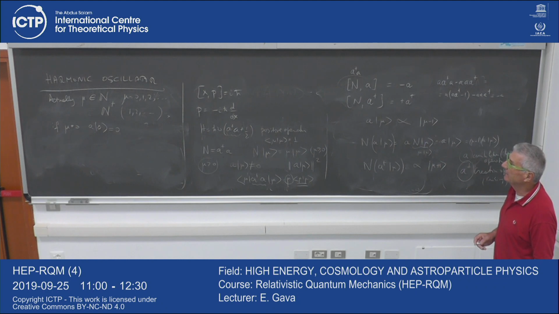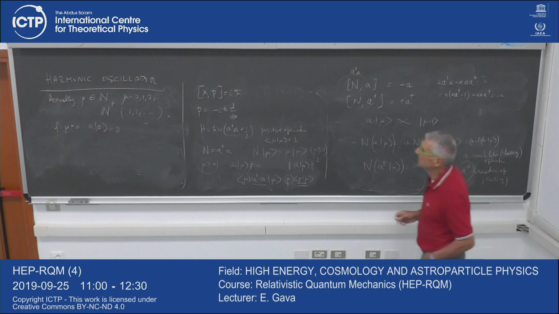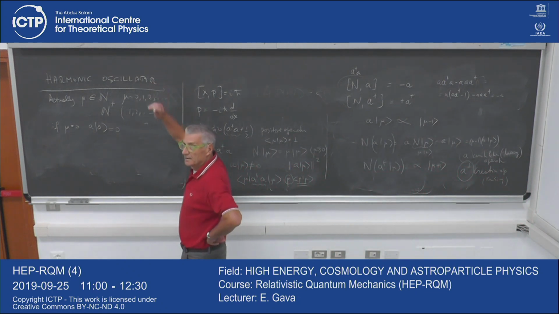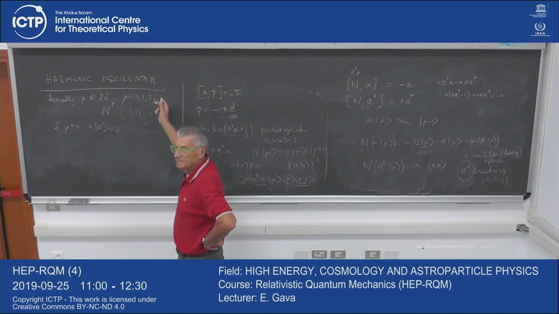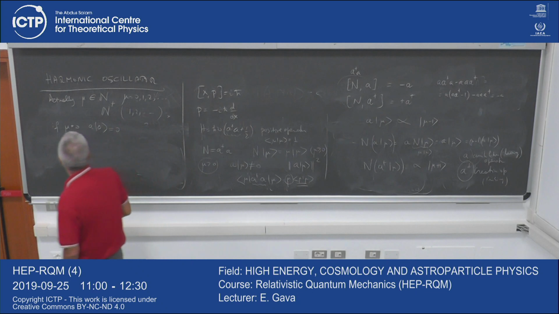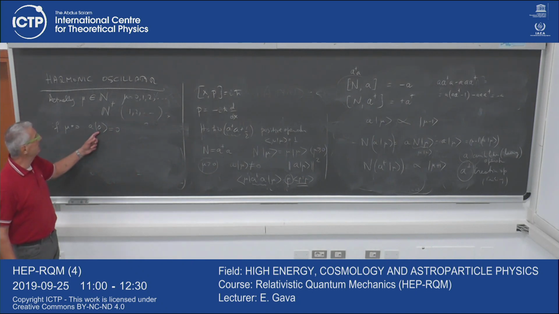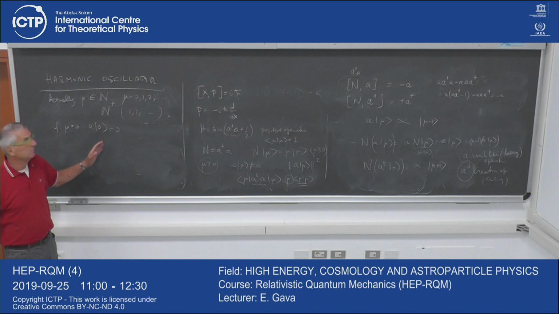But then we cannot say anything about the top part of the spectrum. That can go up to plus infinity, right? And so you go up and down. You go down by using A until you reach 0, in which case the procedure stops, because there is nothing more you can do after that.